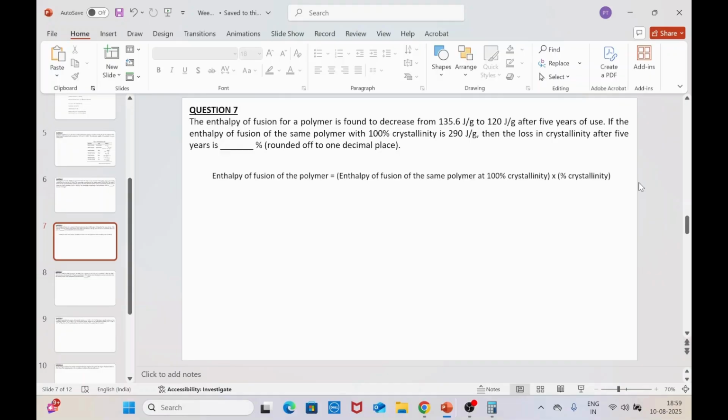And that times the percentage of crystallinity will give you the one that you have currently. So it can be written now like this: 135.6 joule per gram equals 290 joule per gram times percentage crystallinity.